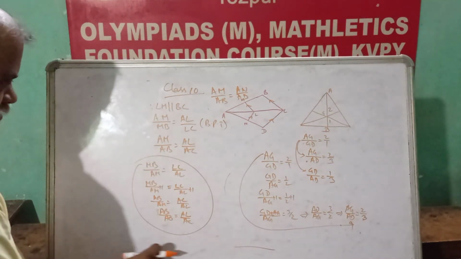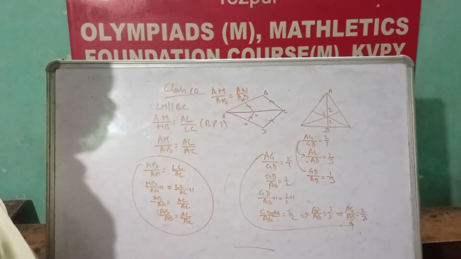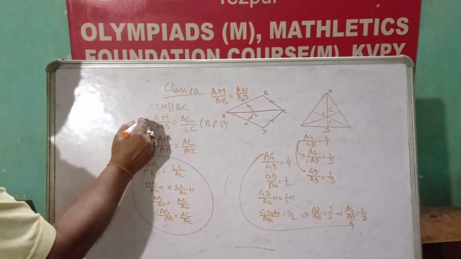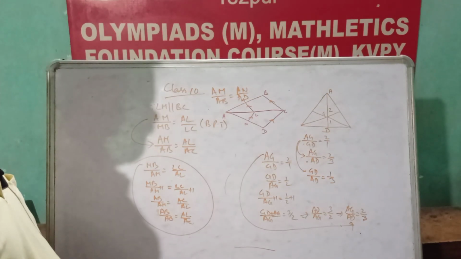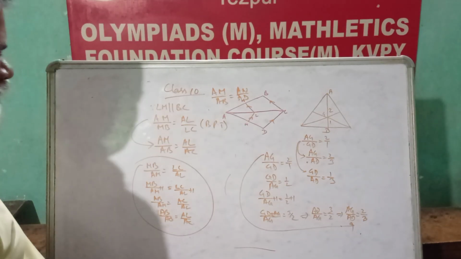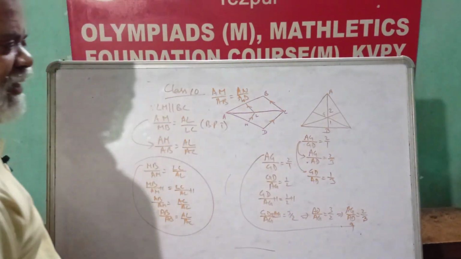So you can write it in your exam paper, no doubt. But if you do not write it and move from here to here, the marks must not be deducted in this question, because according to your fractions also, you can write from here to here directly.